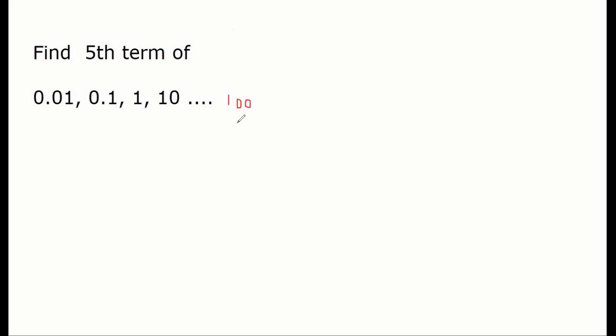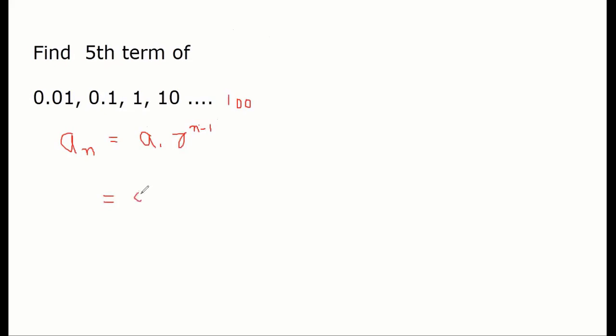That is by direct. But if we use the formula, A of n is A into r to the power n minus 1. So we need the fifth term.